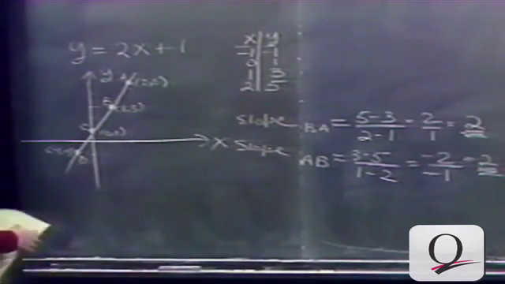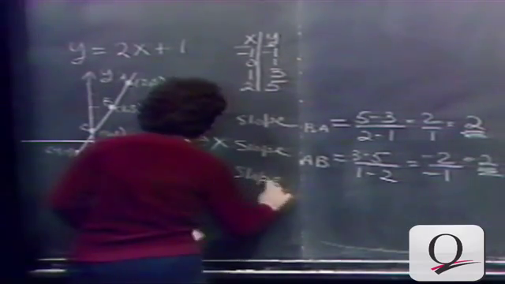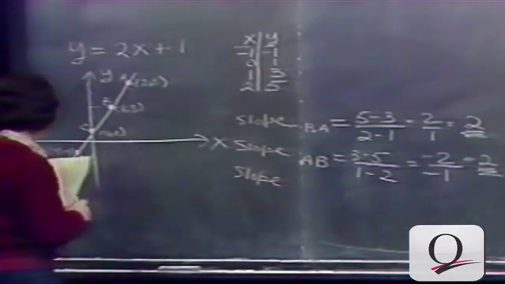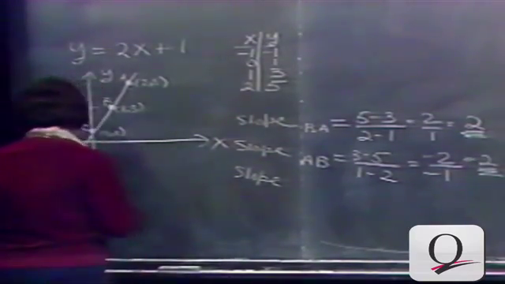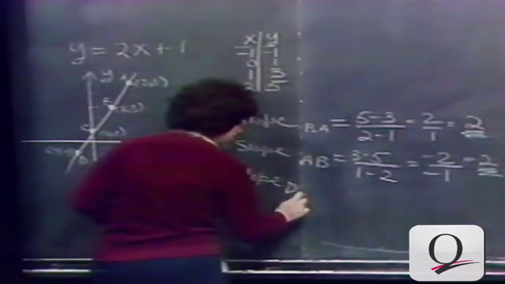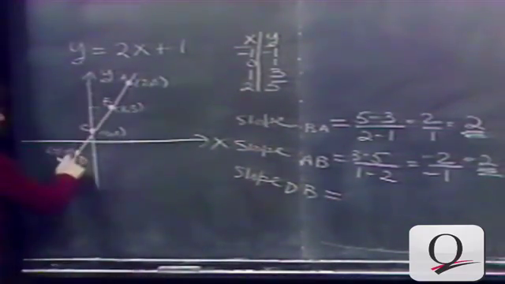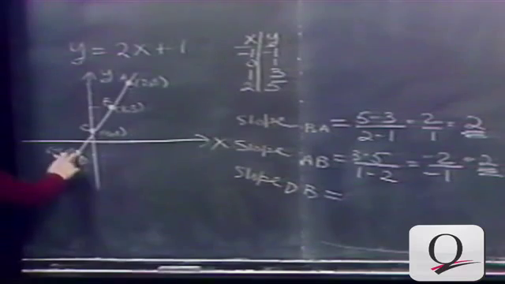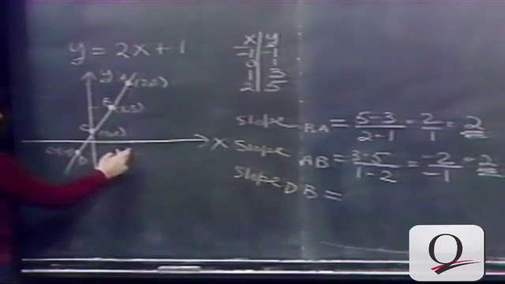Let's try another 2 points. Let's say we were interested in computing the slope as we moved from point D to point B. Here's D and here is B. To go from an x-coordinate of minus 1 to an x-coordinate of plus 1, we have a horizontal change of plus 2.